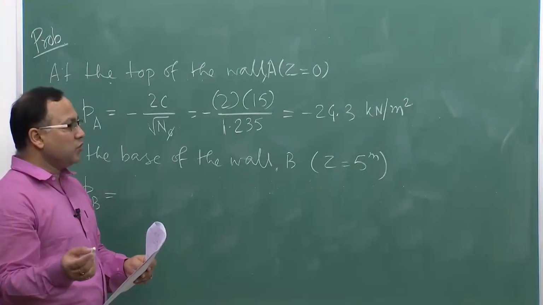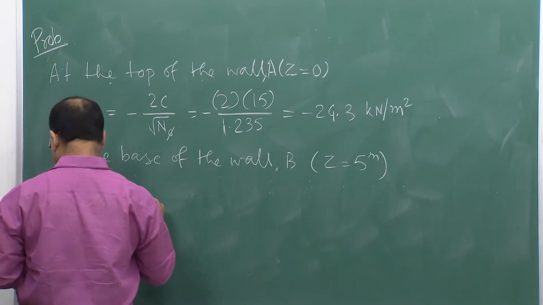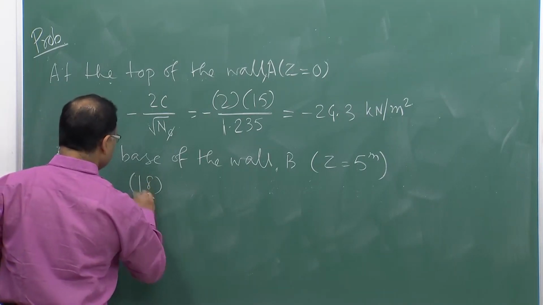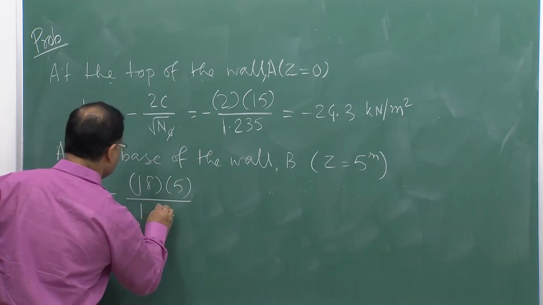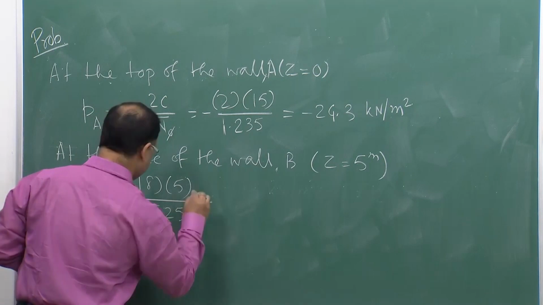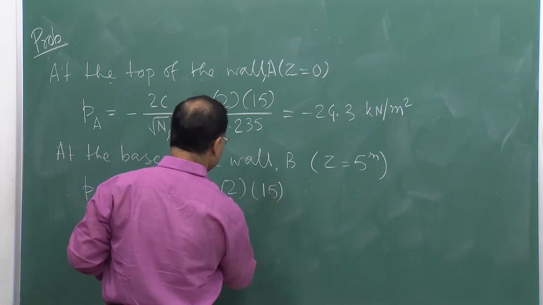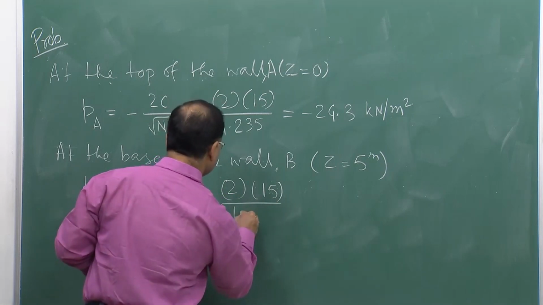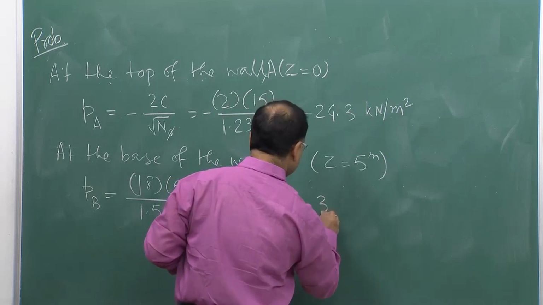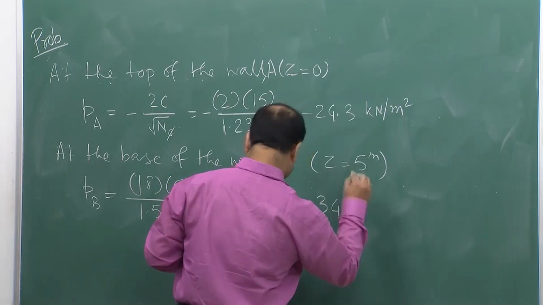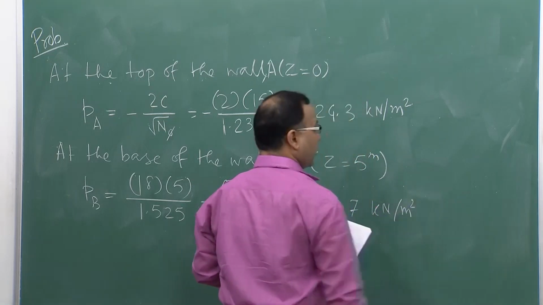So, gamma into 5 meter is your Z, at the base of the wall. So, 18 into 5 divided by 1.525 minus 2 into 15 divided by 1.235 equal to 34.7 kilonewton per meter square.